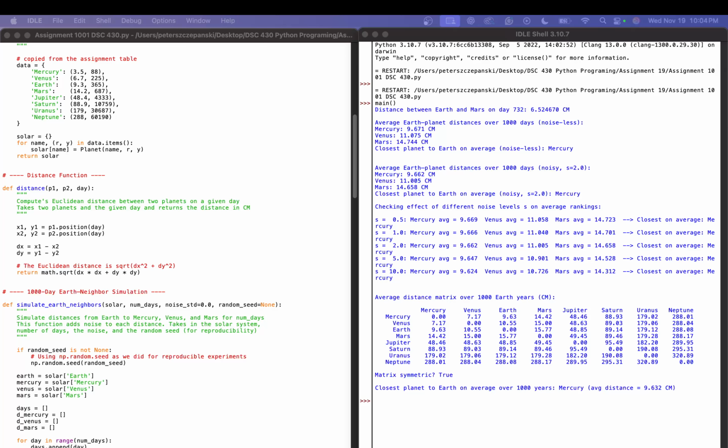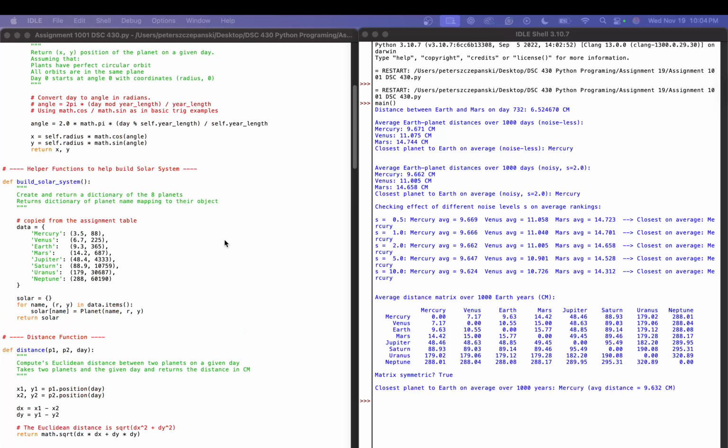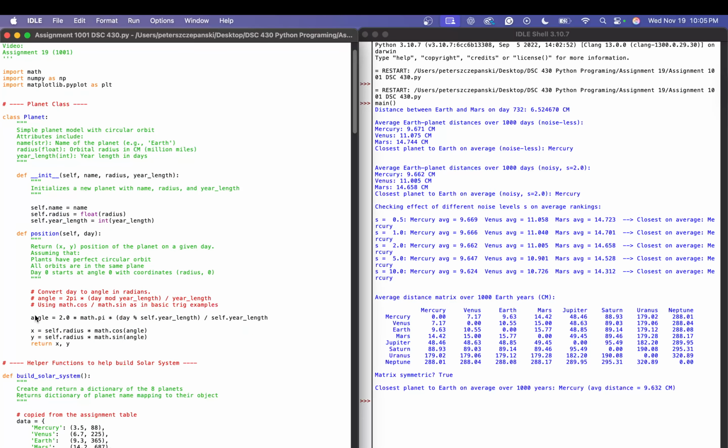Okay, so how does my position and distance function work, and what trick did I use? As you can see here, I used the angle equals 2 pi times the date, self-year, divided by self.year's length. And in that way, assuming it's a perfect circular orbit on a 2D plane, I converted all the angles into radians.